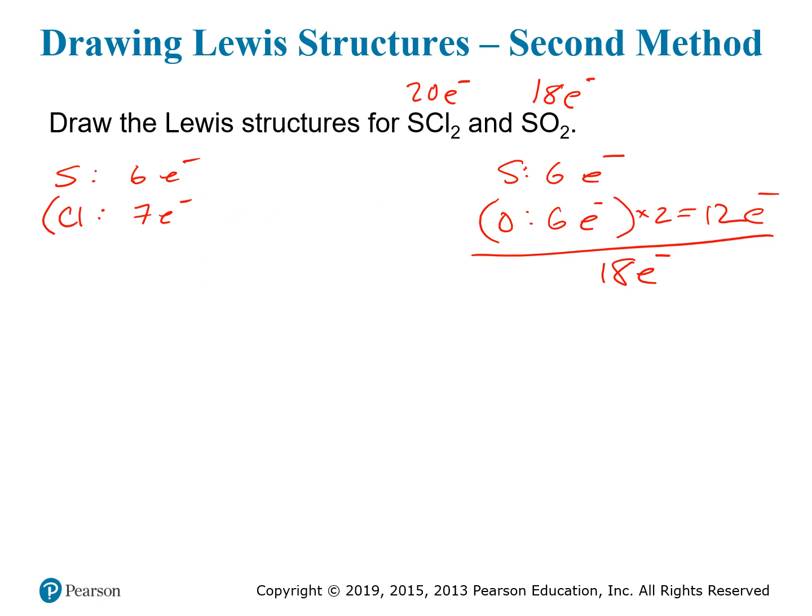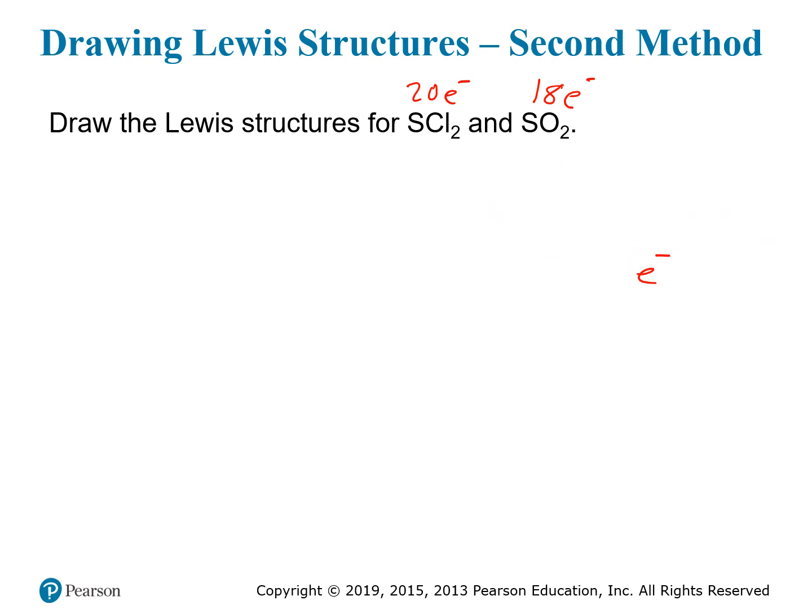Now that we know that, we can start thinking about the arrangements of the atoms in these molecules. These are not too complicated, so the rules that we have are sufficient. For SCl2, the first element, S, is in the center, and the Cl's are on either side. Same thing with SO2, S is in the center, the oxygens are on either side.